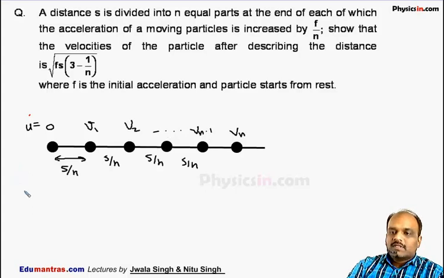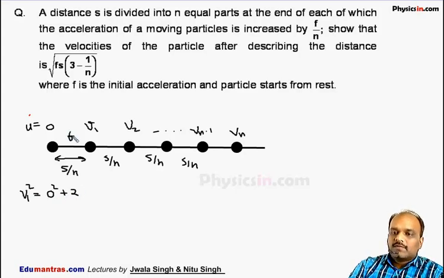From here we can say v1 square is equal to 0 square plus twice the acceleration, which for this interval is f, into s by n.